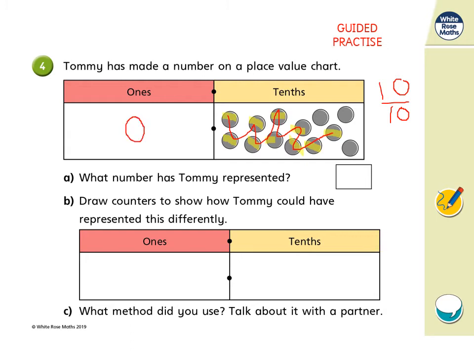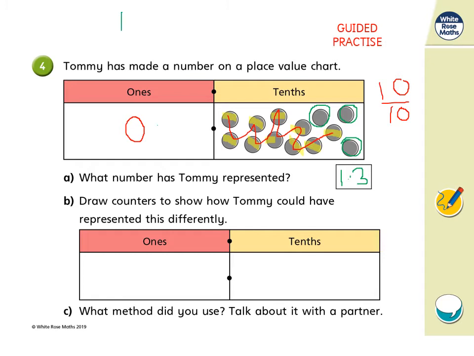And then, how many counters do I have left over in my tenths place value column? Yes, I have 1, 2, 3. So the decimal that Tommy has represented in the place value chart is 1.3.